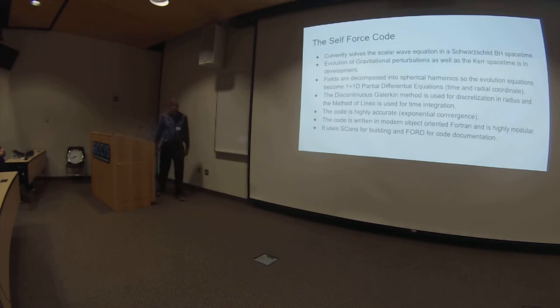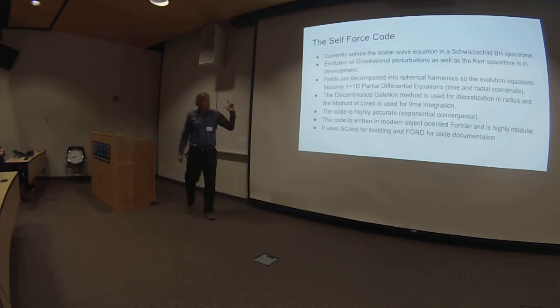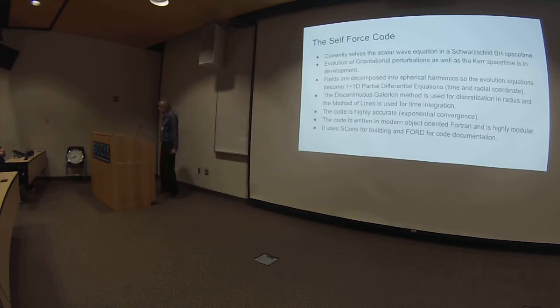Currently, the self-force code solves the scalar wave equation in a Schwarzschild black hole spacetime, and they have perturbations as well for the Kerr spacetime in development. Fields are decomposed into spherical harmonics, so they become 1+1D partial differential equations.